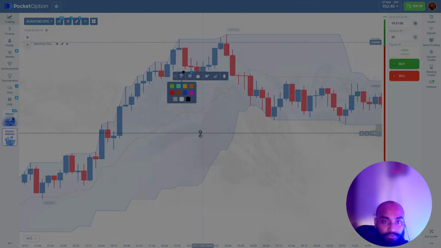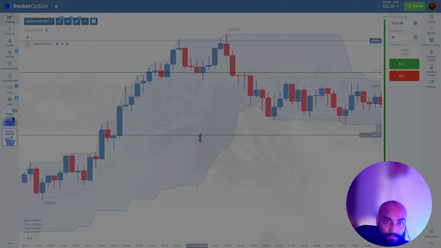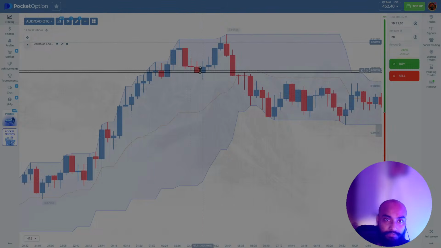I need to make it, and I'll try to draw every level, not miss anything. Here we did have this reversal, right? Here we do have chances, right?